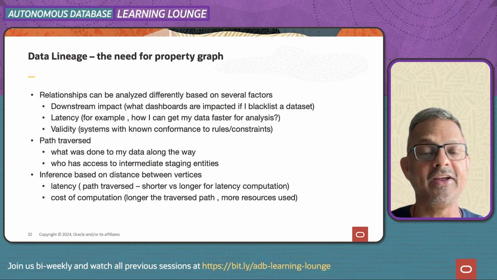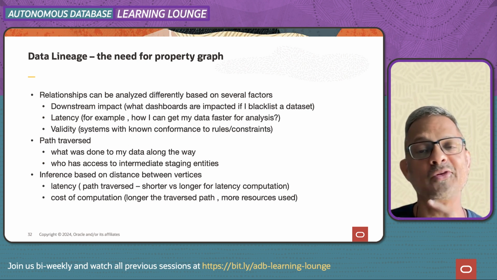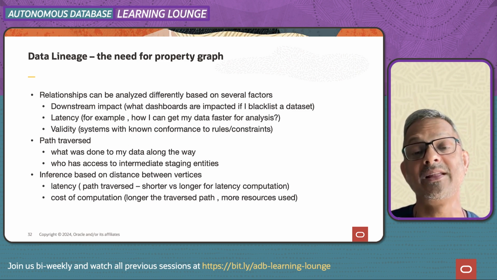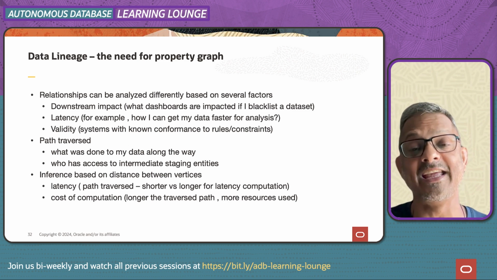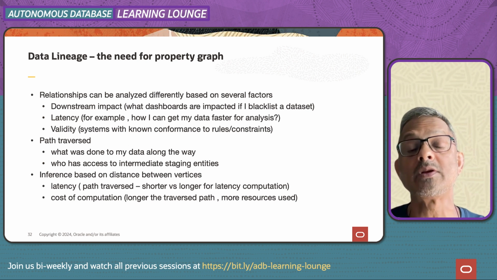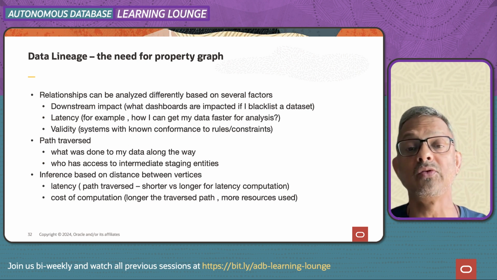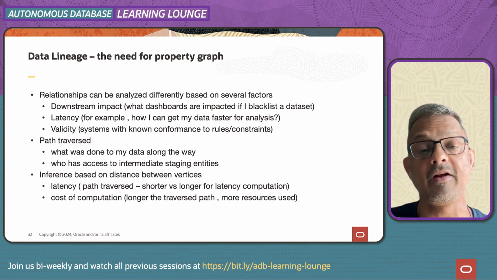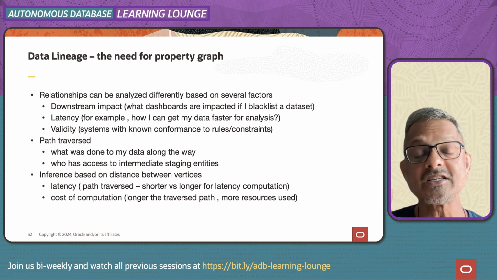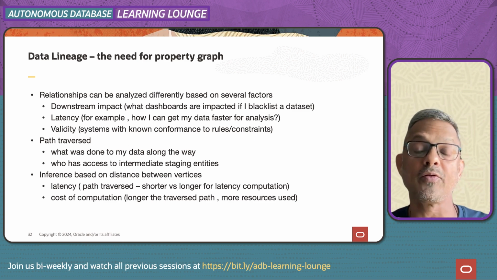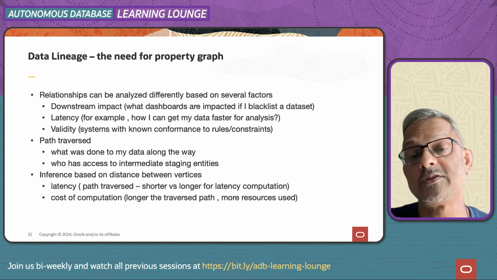When you look at a graph, it completely changes the way you look at data, both in terms of the cost that your business is actually spending to get the data and how valuable the data is, and also the risk of the data being used for purposes that you are not aware of, right? So those are some of the interesting things that we really are fascinated by. We want to basically expose them to our customers, and that's why we use Property Graph.